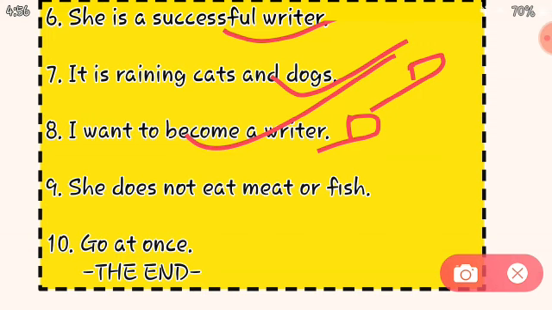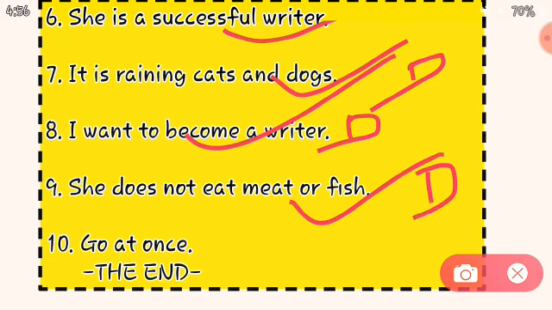Next, she does not eat meat or fish. The sentence once again ends in a full stop and gives us a statement. The statement is a negative statement, so we can call it a declarative or a negative declarative sentence.